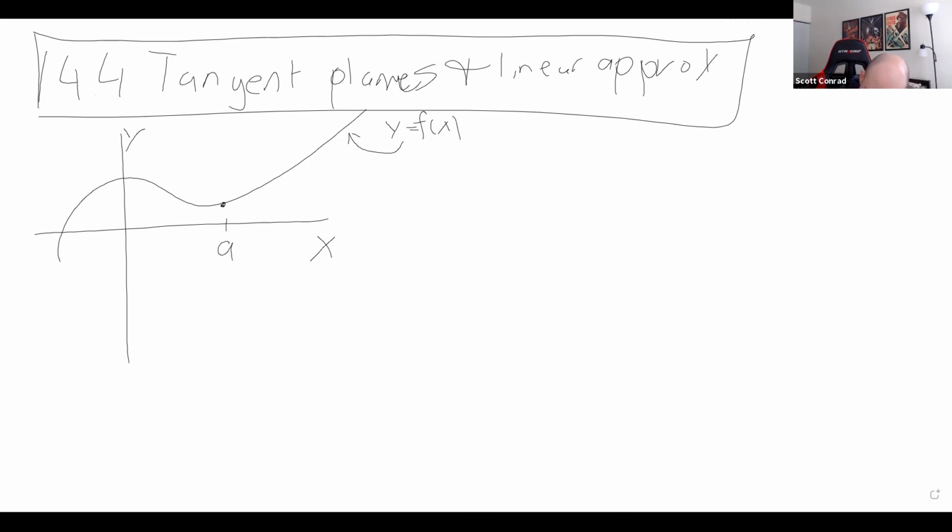So on the graph it corresponds to the point (a, f of a), and we can look at the tangent line to the curve at the point (a, f of a). So this is the tangent line. We'll call that L of x.